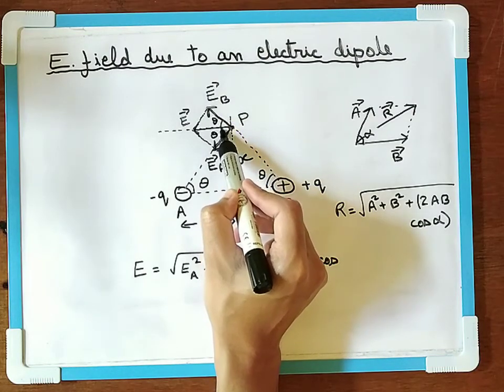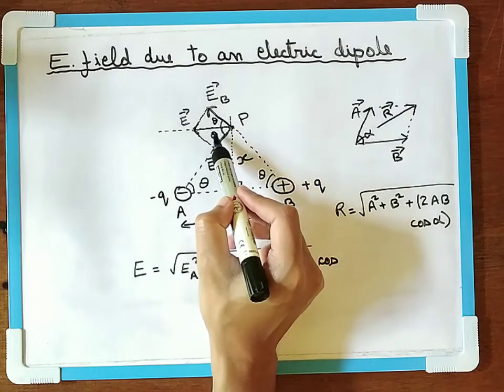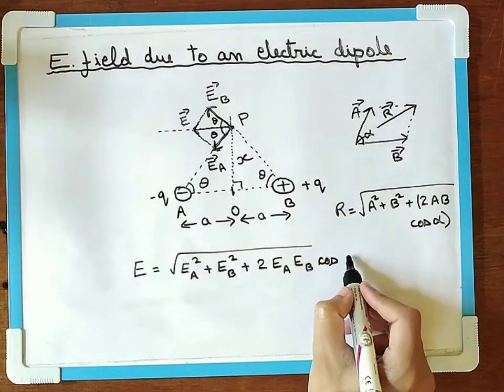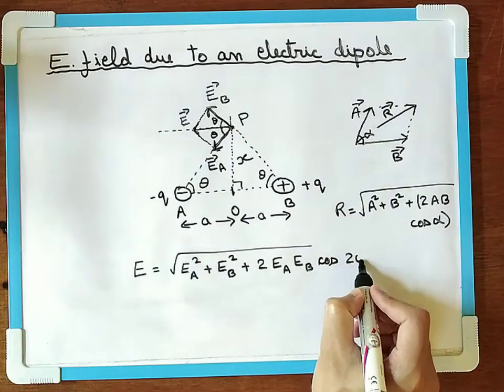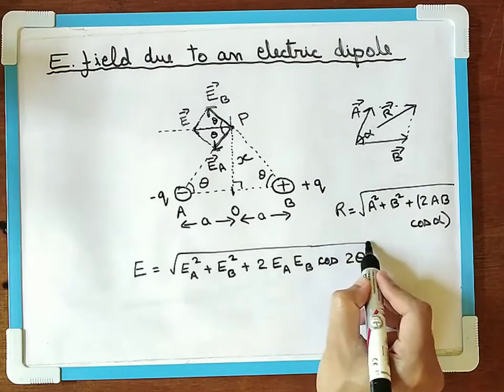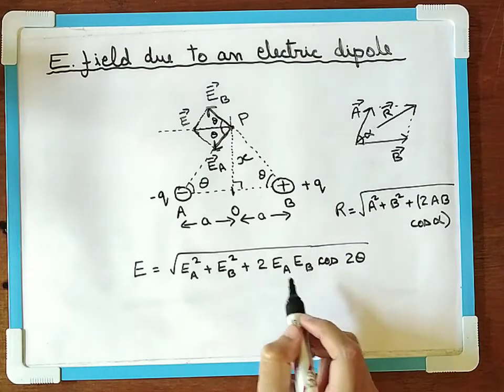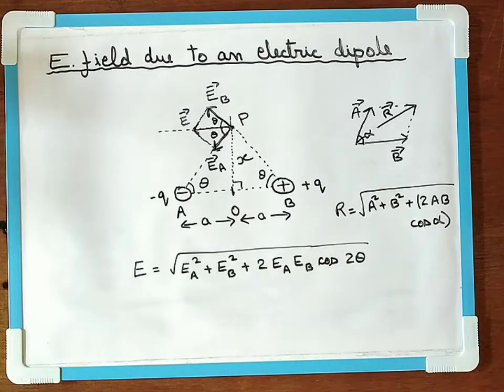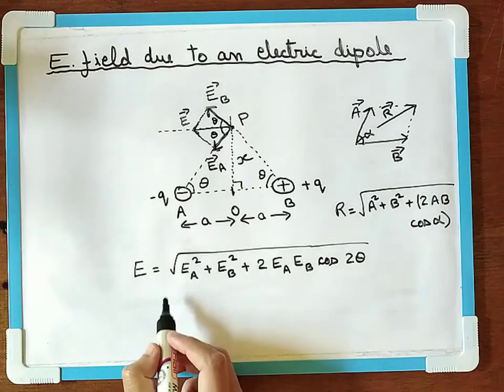And here the angle is theta plus theta, which is equal to 2 theta. So the angle between them is 2 theta. Now this EA is actually equal to EB. We have shown that earlier.